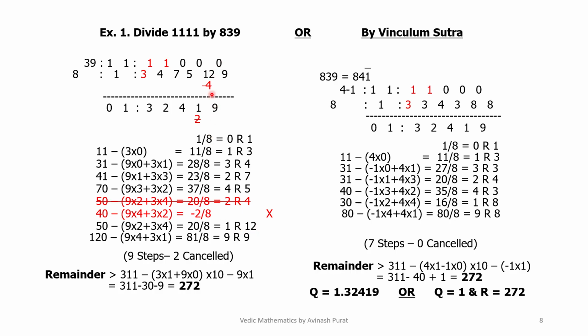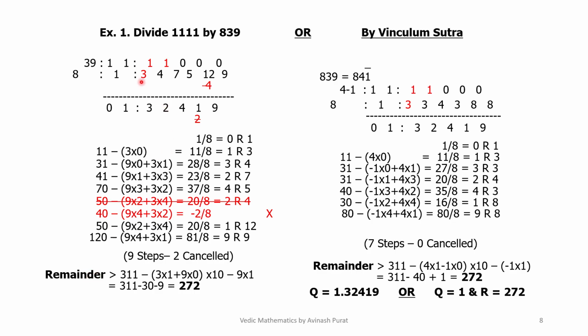Now 12 is 120 minus 9 into 4 plus 3 into 1, that is 36 plus 3, 39. So 120 minus 39 is 81, divided by 8, equal to 9 or 9. Now totally here we get 9 steps and 2 of the steps are cancelled.